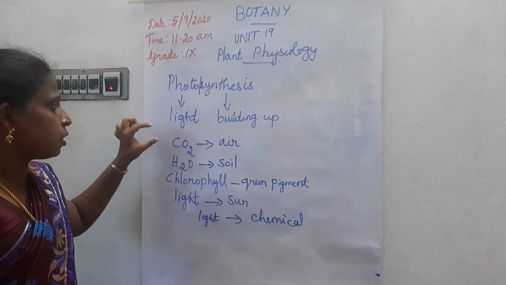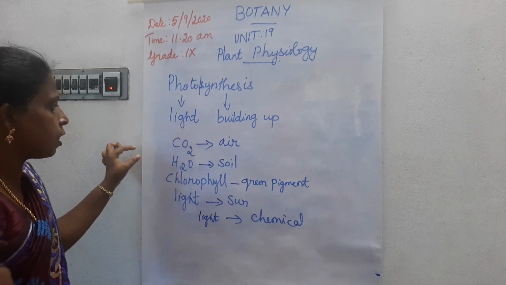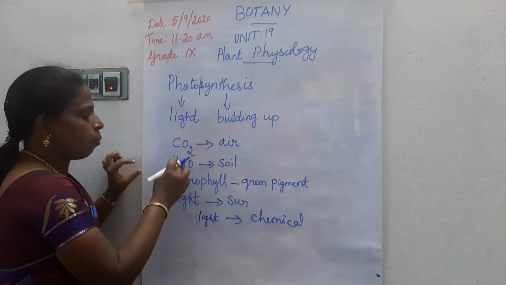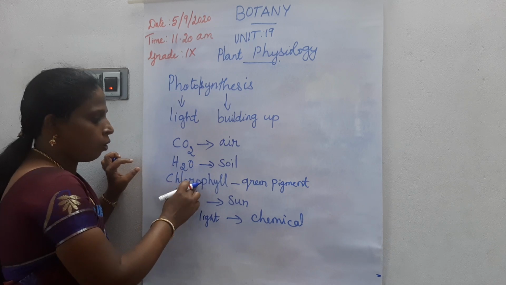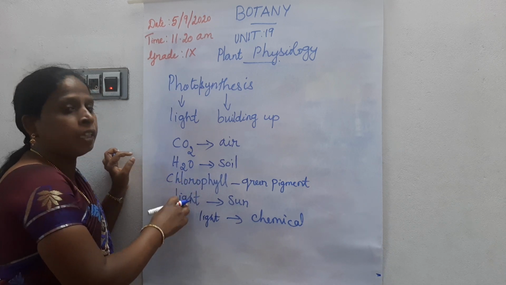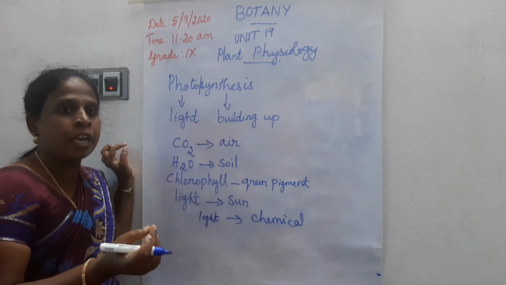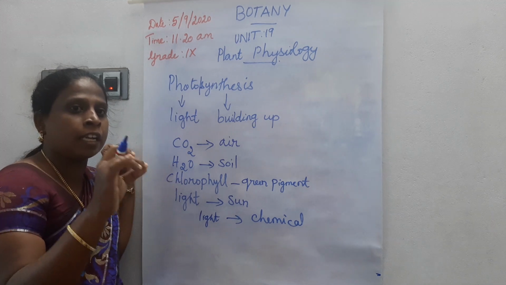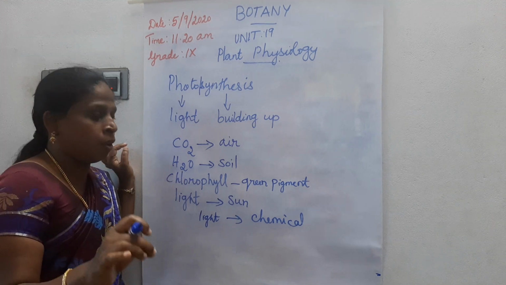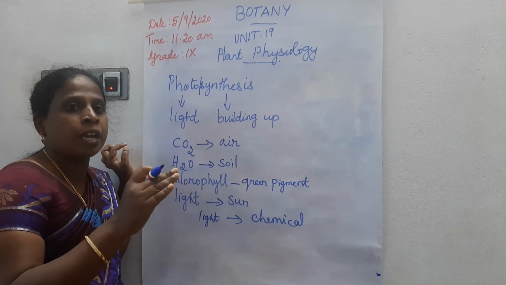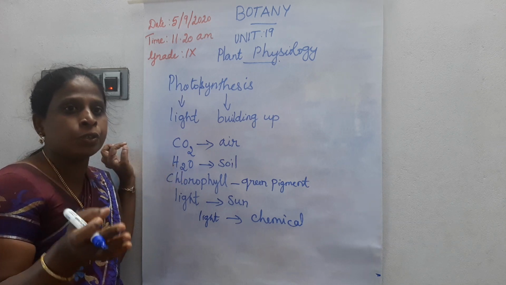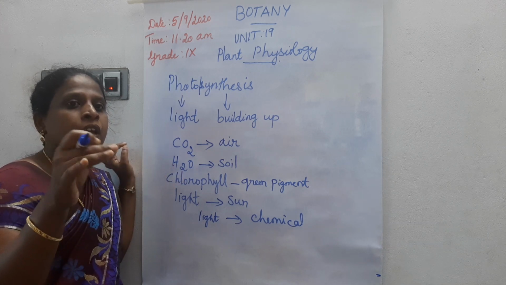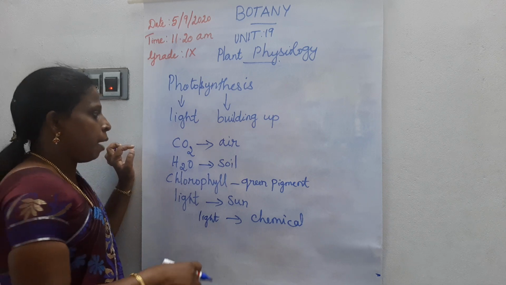So during photosynthesis they are utilizing the materials such as carbon dioxide, water, chlorophyll and light, and they are preparing the food carbohydrate. The carbohydrate directly does not store in the plant body. It is converted into starch and stored in the plant body.